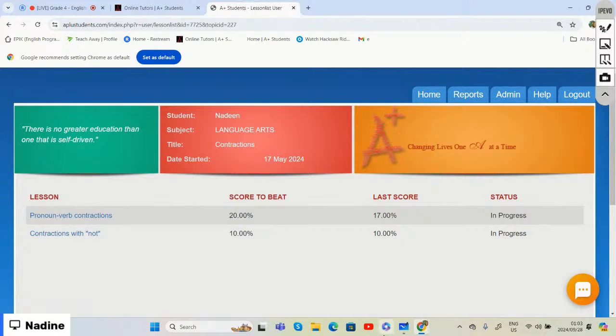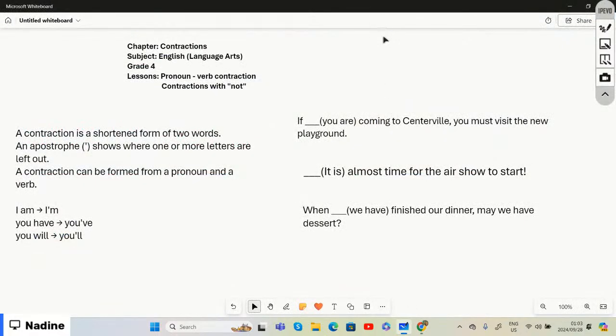All right. So our chapter is contractions. Our subject is English Language Arts. We're doing grade 4.